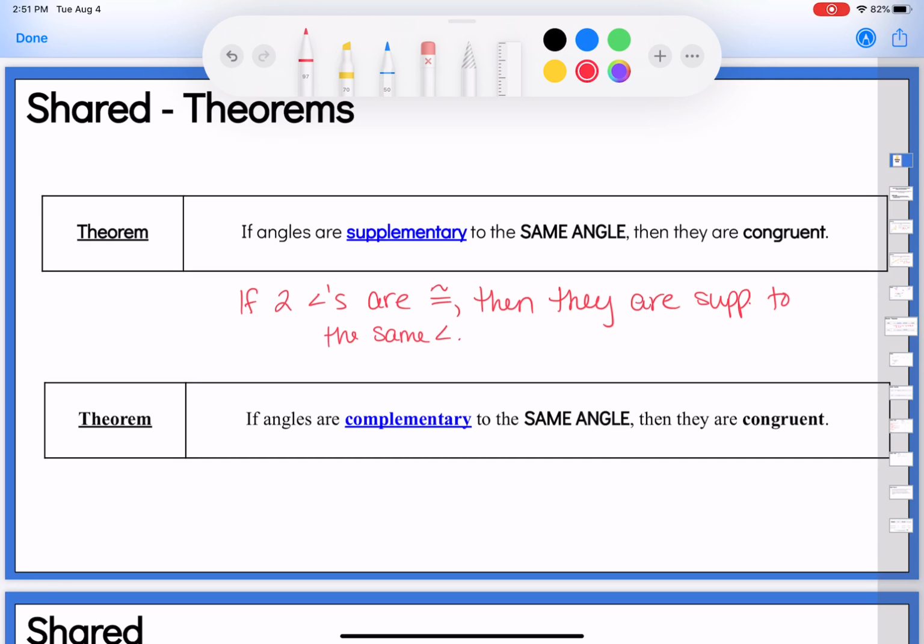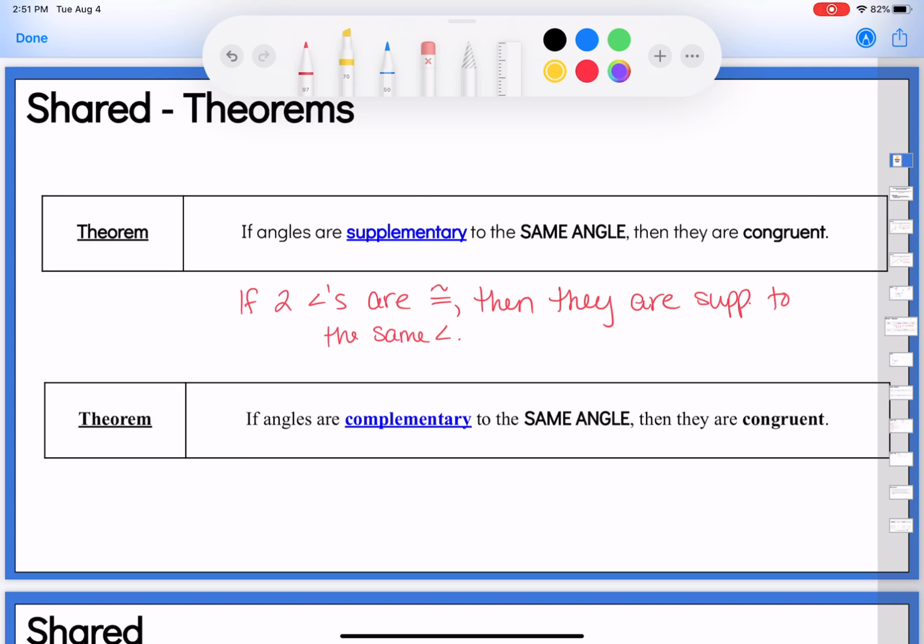Well, yeah, I guess if two angles are both 110 degrees, then they're both supplementary to a 70-degree angle, right? It would work. Is it useful? I don't know. Maybe not so much. I probably wouldn't use that quite as much, but it is reversible.